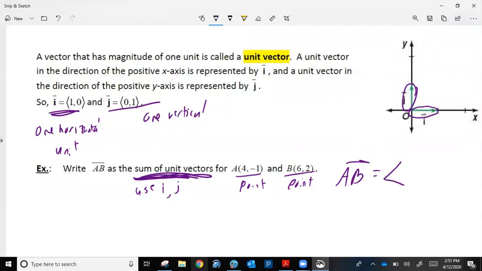So if I move from 4 to 6, 4 to 6 means I move 2 units horizontally. If I move from -1 to 2, -1 to 2 means we move 3 units vertically. This is the ordered pair way of writing a vector, what we've done up until now.